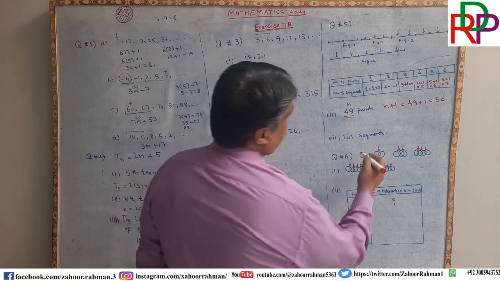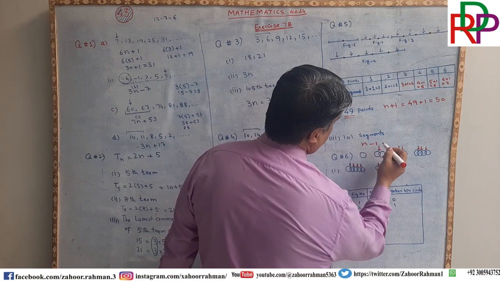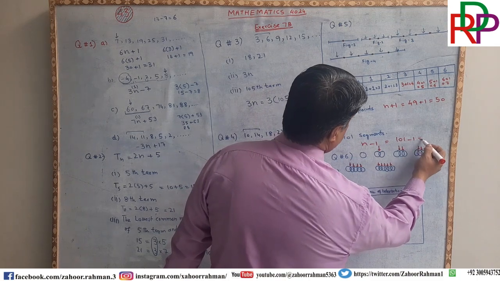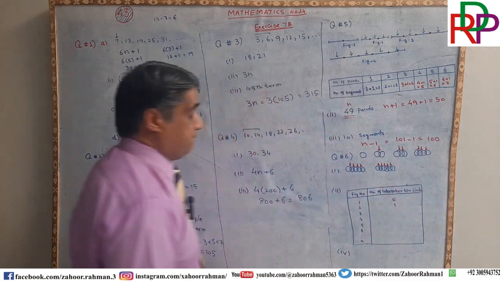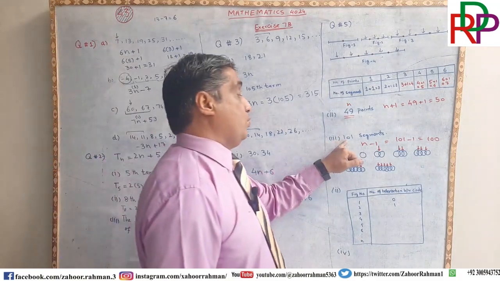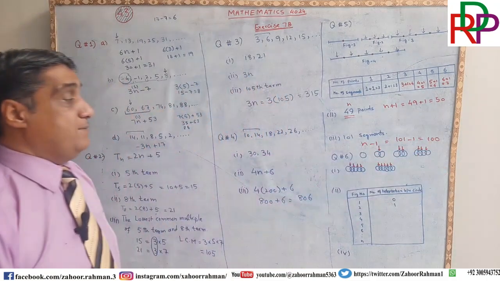So in this case, the number of points will be n minus 1. How many segments did they give? 101 minus 1. So there will be 100 points, and it makes sense that if there are 101 segments, then there must be 100 points.